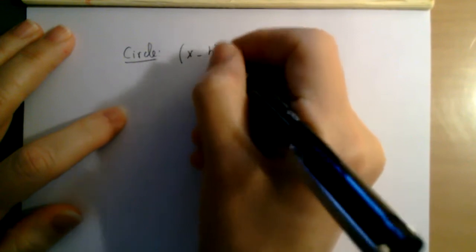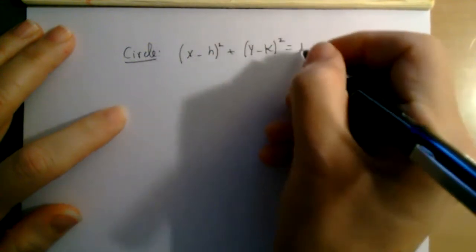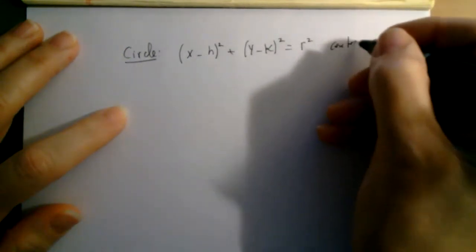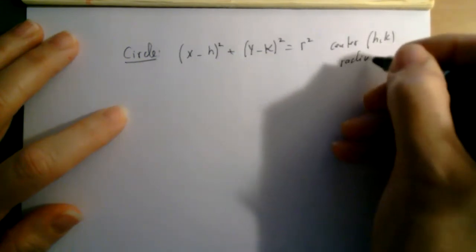The conic sections: so far we saw first the equation of a circle centered at any point (h, k), and the equation of a circle has the form (x minus h) squared plus (y minus k) squared equal to the radius squared. So here the center is (h, k) and the radius is r. So that's for the circle.